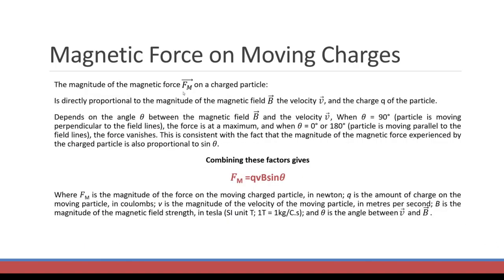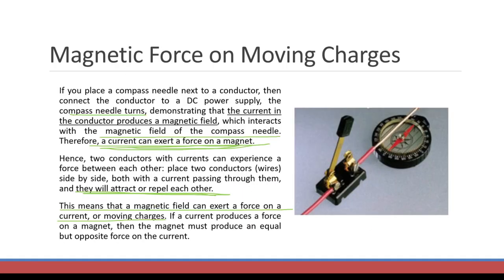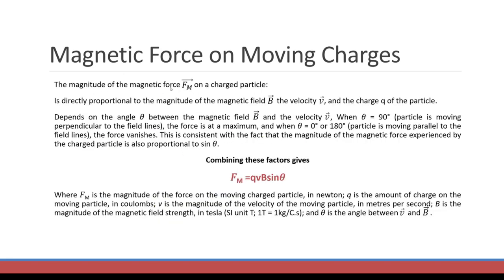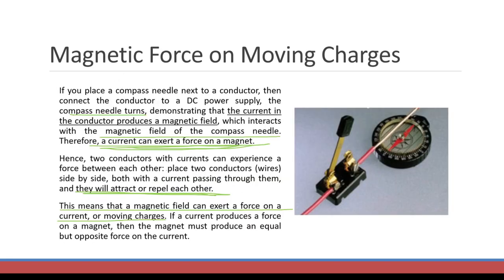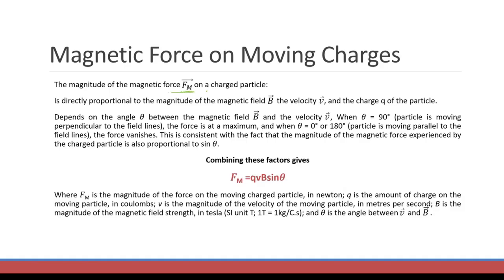So the magnitude of this magnetic force on the charged particle, i.e. the magnetic force from the magnetic field onto the current or moving charge, is represented by the vector Fm, and it's directly proportional to the magnitude of the magnetic field B, the velocity v, and the charge q on the particle.